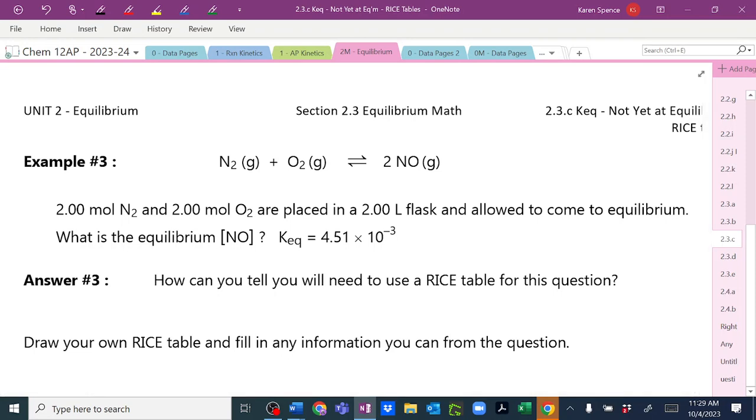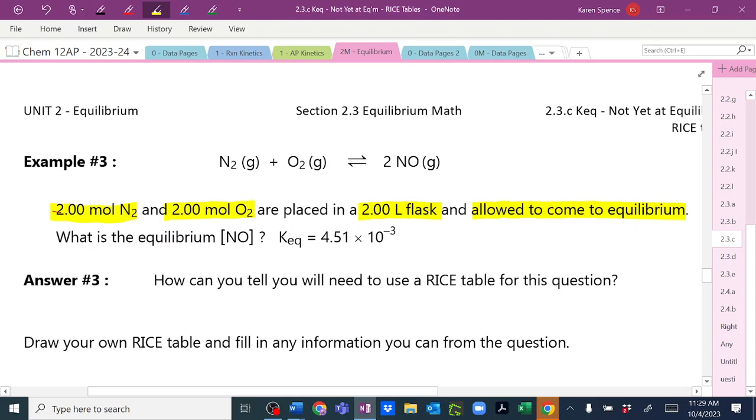Two moles of N2 and 2 moles of O2 are placed in a 2-liter flask and allowed to come to equilibrium.